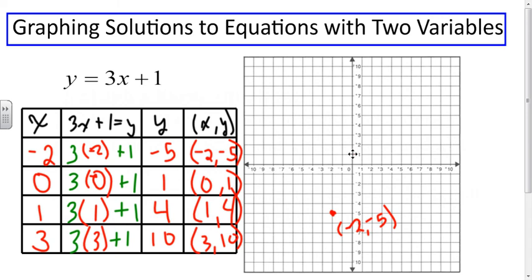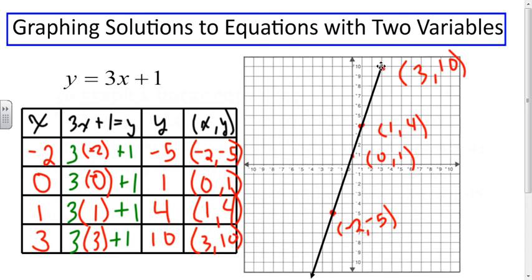Here's 0, here's 1 right there. 1, 4 up here. And finally 3, 10 all the way up here. And it looks like I can connect all of these with a straight line. So let's try that. Connect this point here all the way down through there.